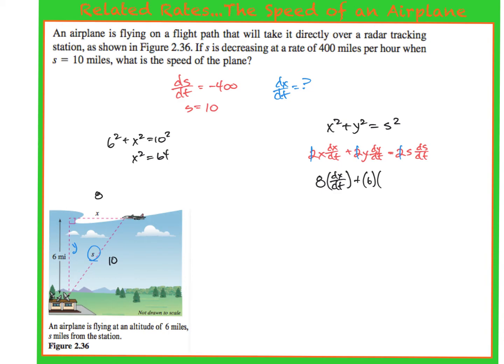What does dy dt represent? The rate at which y is changing. Is y changing here? No. So it's 0. The height of my airplane is always right at 6 miles because it said so. All right? Does that make sense? All right. So my dy dt is equal to 0.